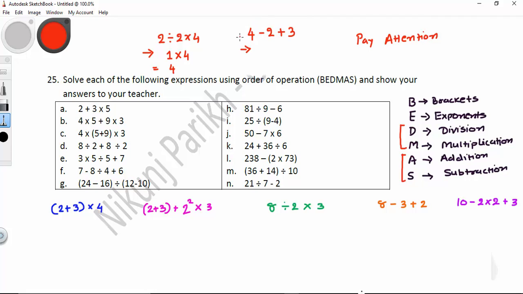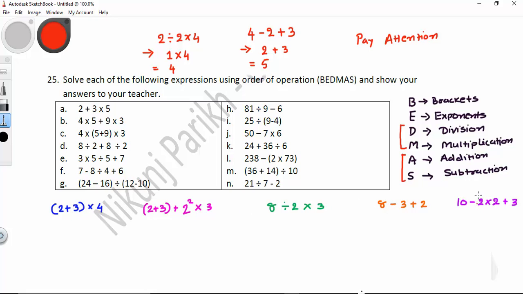Similarly here, when we go from left to right, we have 4 minus 2. 4 minus 2 is 2. Plus 3. And 2 plus 3 is equal to 5. Got it? Now we are going to solve these 5 examples.